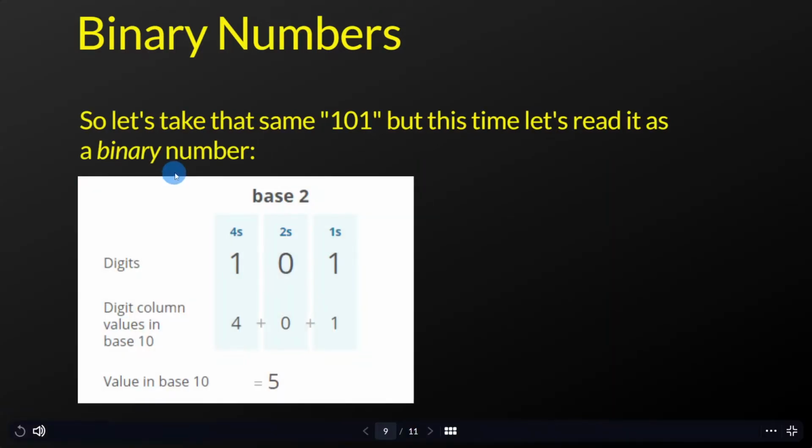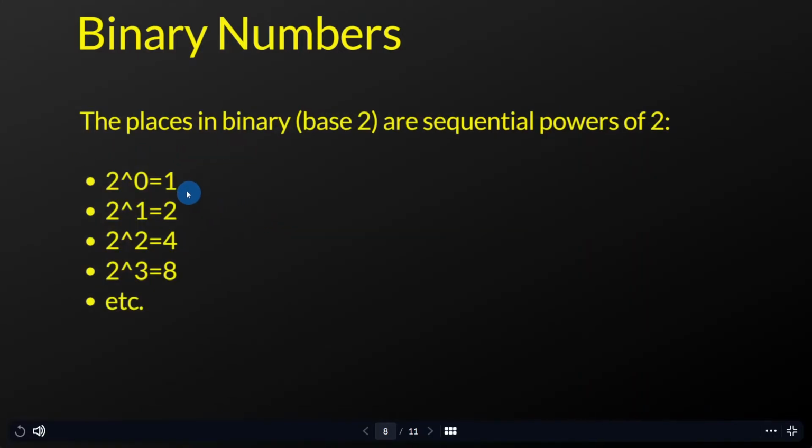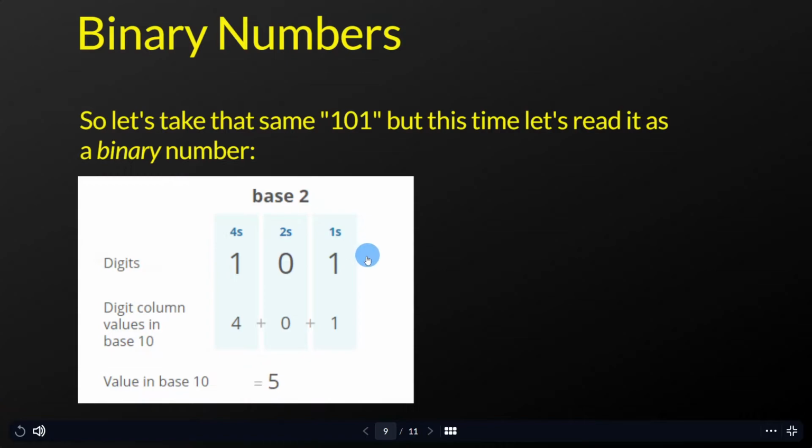So let's take the same 101, but this time let's read it as a binary number. We already know the binary places: the 1's place, 2's place, 4's place, 8's place. So if we represent 101, it will be 1 in the 1's place, 0 in the 2's place, and 1 in the 4's place.